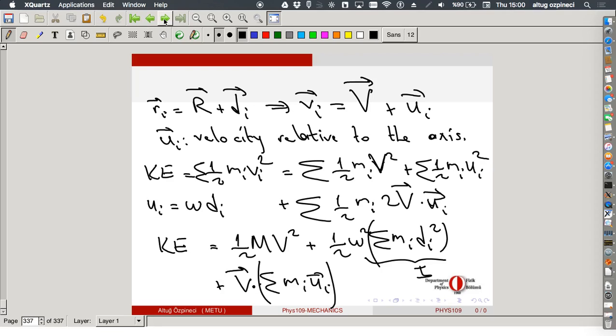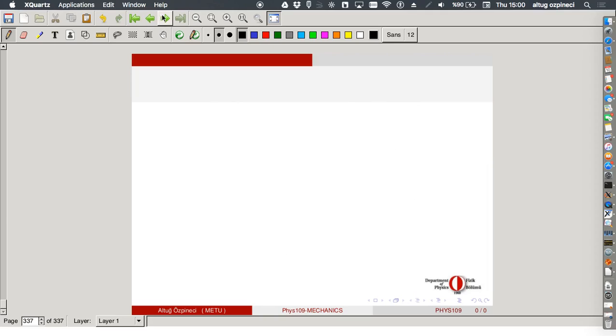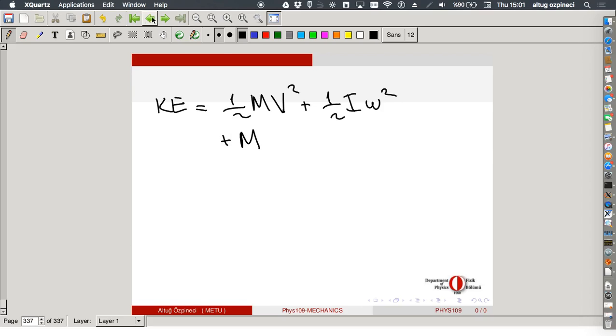So you see the kinetic energy is now 1 over 2 mv squared plus 1 over 2 I omega squared plus m times v times u center of mass.